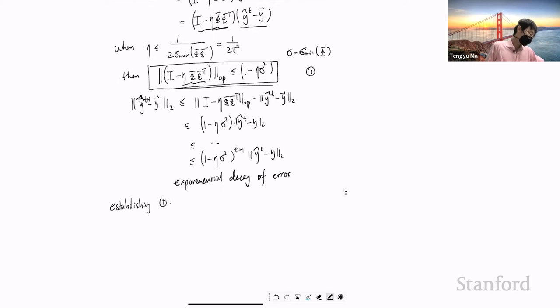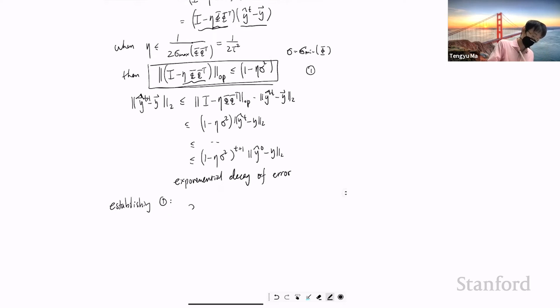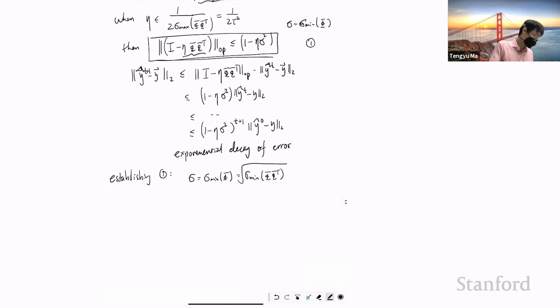And to see this, there are multiple ways, but the way I tend to think about it is that, first of all, sigma is sigma min of phi, which is also the sigma min of phi transpose phi square root. This is just by the standard property of the singular values.